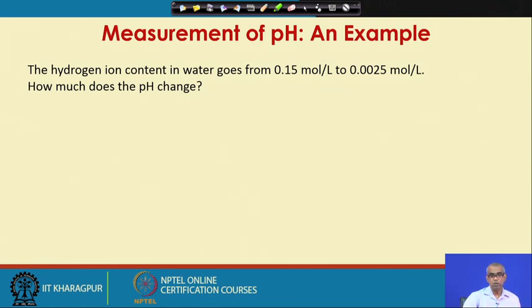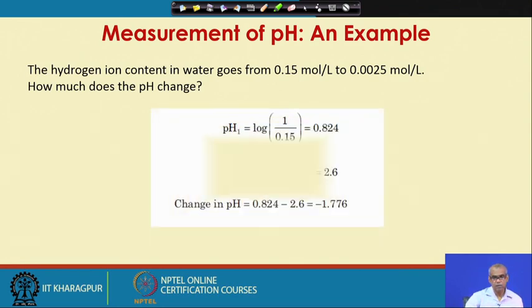The hydrogen ion concentration in water, let us say, goes from 0.15 moles per liter to 0.0025 mole per liter. So, how much does the pH change? Let us do a simple example. This can be easily found out. What is the pH when the concentration was 0.15 moles per liter?